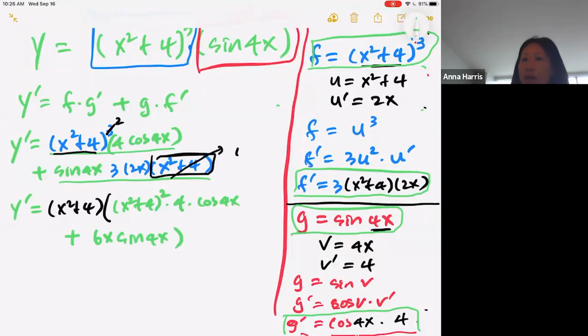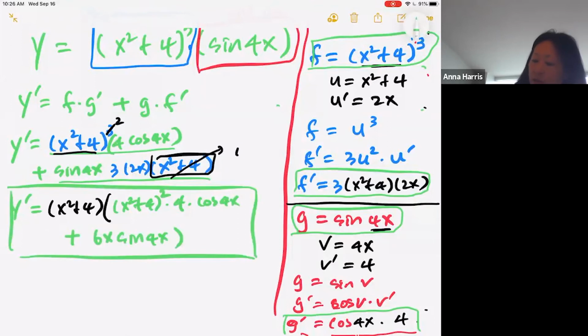So that's one way you can simplify, or if you want to simplify a different way, that's your answer. Or I can just say y prime is equal to, just simplifying this part, 4 times (x squared plus 4) to the third and cosine 4x, plus 6x.